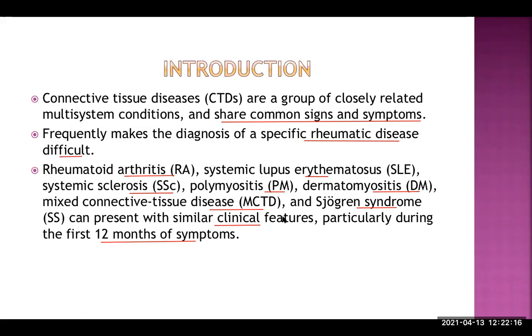Many of them may present with skin rashes, joint pain, and multiple involvement of the inner organs of our body like kidney involvement, lung involvement, vasculitis. Because of this, we often confuse them with each other. But this approach is all about that. If we follow a certain pattern, then we are able to diagnose them.